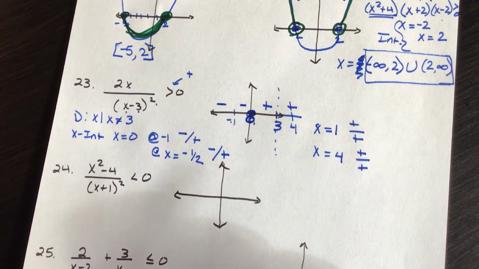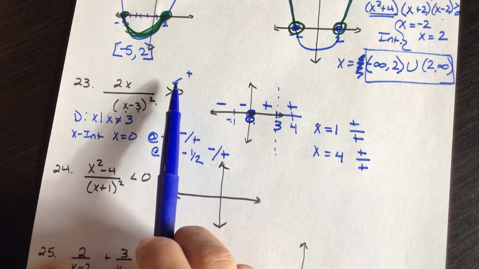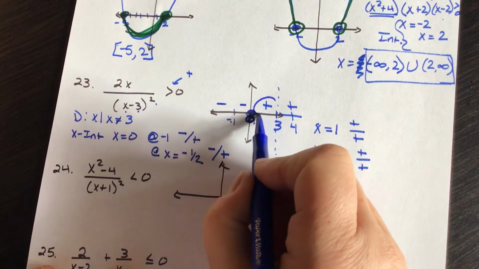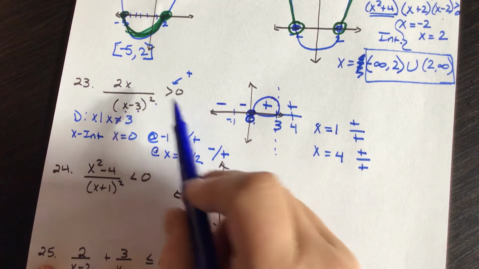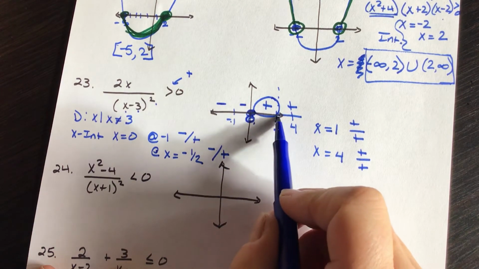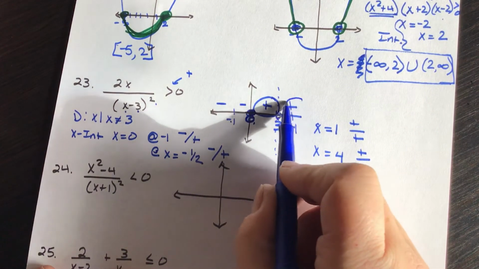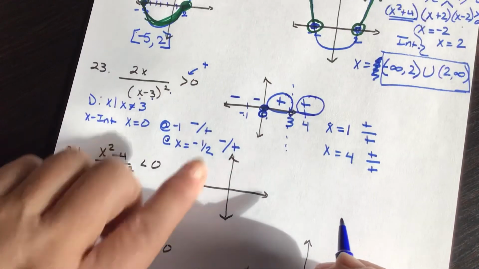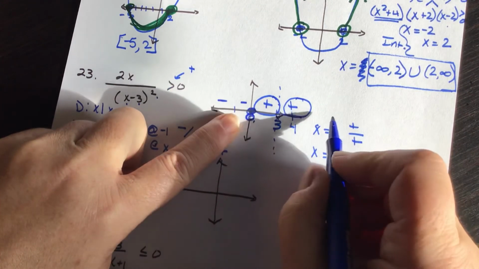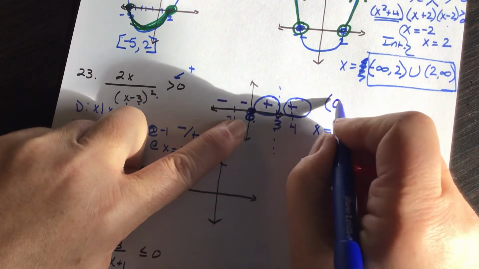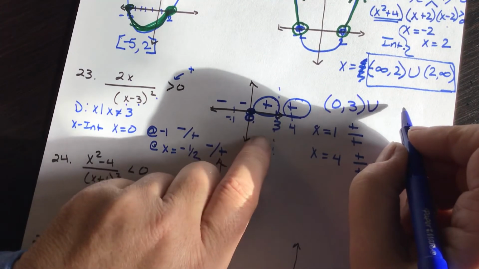All right, so what I'm looking for are values that are positive, and that would be between 0 and 3. I can't include any intercepts, and I can't include the 3 because it's a vertical asymptote. It's not in my domain. And anything greater than 3 is positive. So my solution set here would be between 0 and 3 and between 3 and infinity.